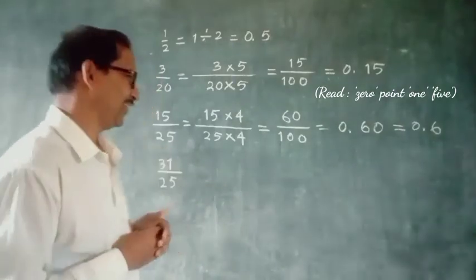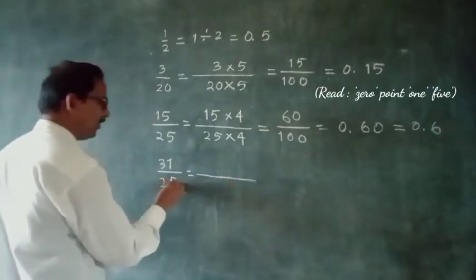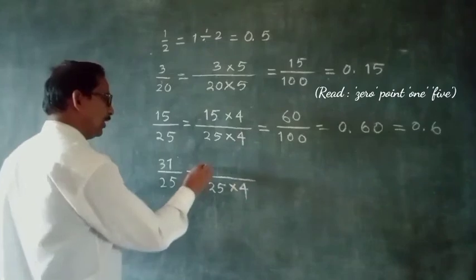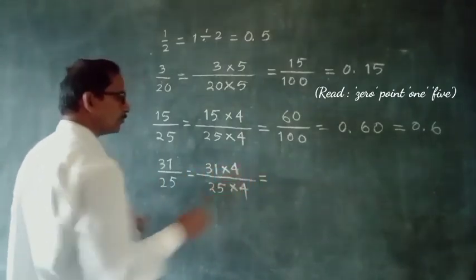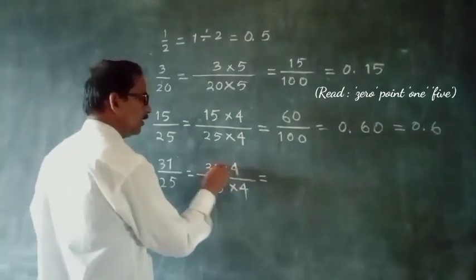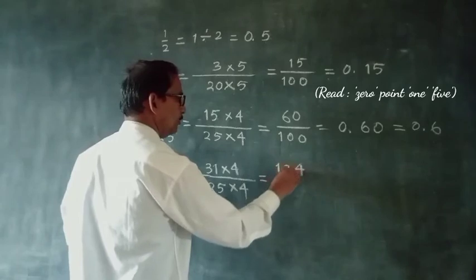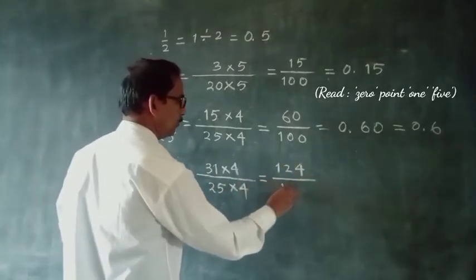Clear? Okay. Now here we see there is also 25. 25 multiplied by 4 and 31 multiplied by 4. Here 4 ones are 4, 4 threes are 12, and 25 into 4 is equal to 100.